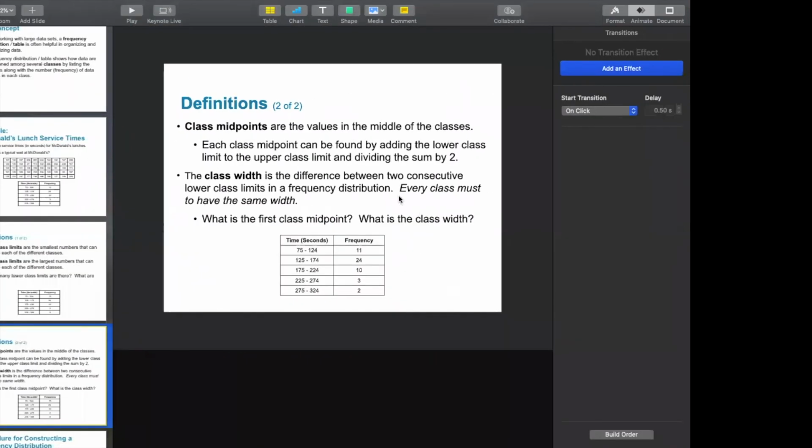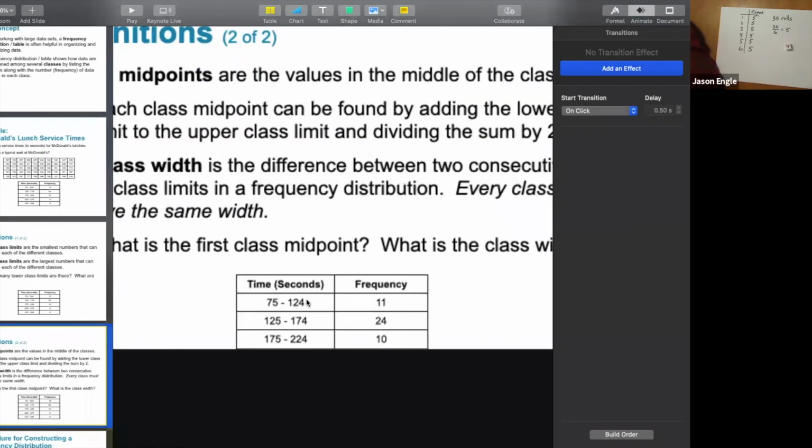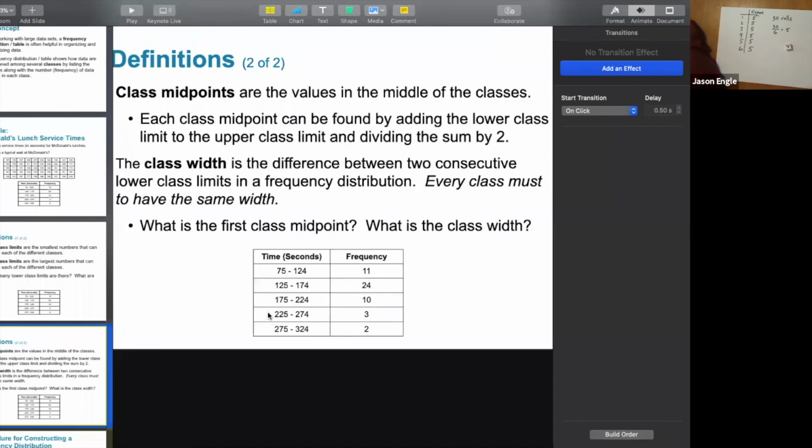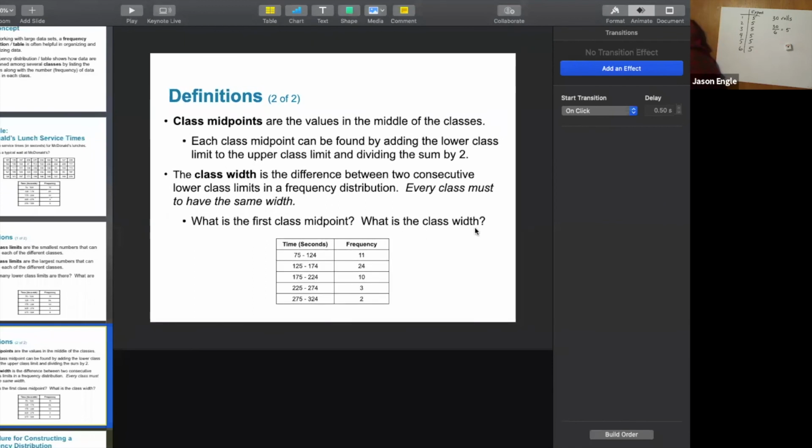You can see how in each of these cases, the class width is 50. If you add 50 to 175, you get 225. If you add 50 to 225, you get 275. So in this example, the class width is 50 for all of them.